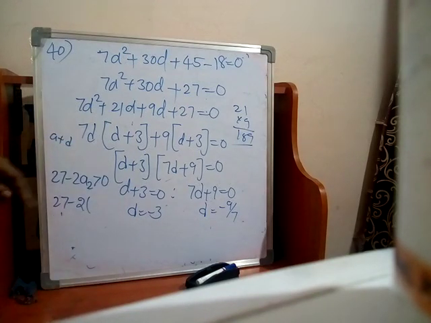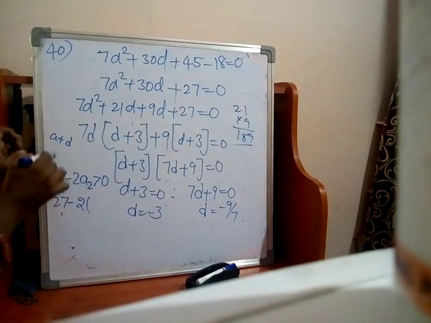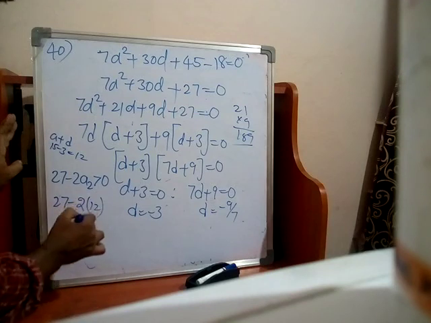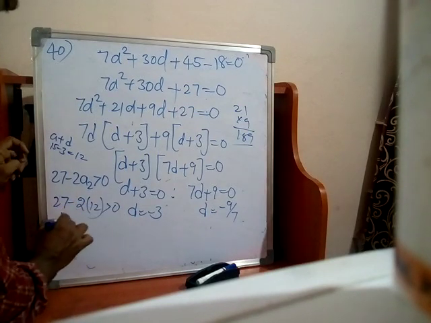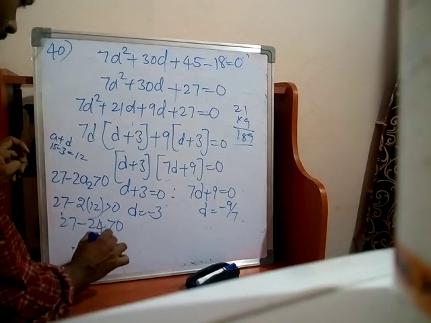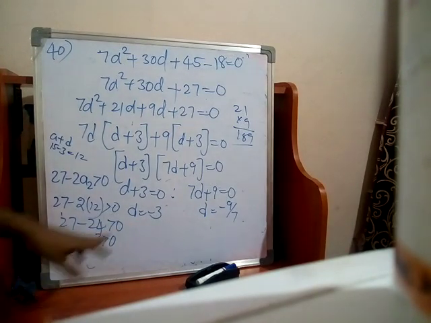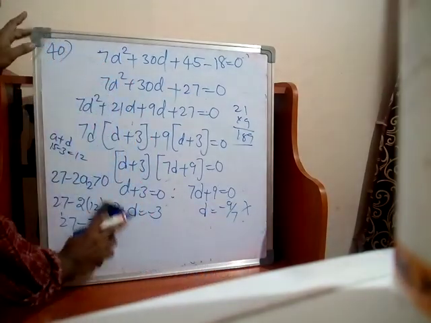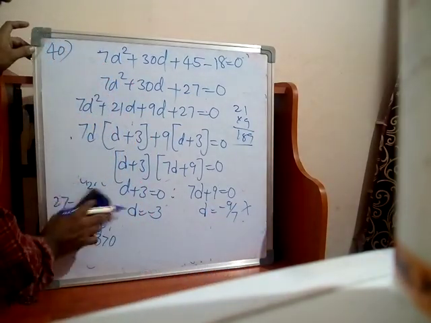Okay, d value, if you take d is equal to minus 3, 15 minus 3, 12, so 27 minus 24 greater than 0. So 3 greater than 0, yes, satisfied. Okay, so d is equal to minus 3 is satisfied, the other is not satisfied. So taken as d is equal to minus 3, a is equal to 15.